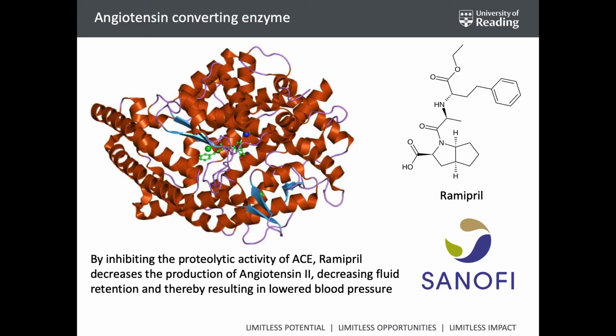What it does is it decreases the activity of ACE, reducing the amount of product which is produced, decreasing the production of angiotensin II, decreasing fluid retention, so more liquid is going into the urine, more liquid is coming out of the body, and blood pressure is thereby reduced, having a very important clinical benefit. And this is one of the key ways in which we can modulate blood pressure using a drug.